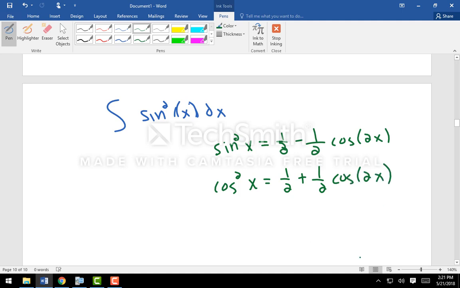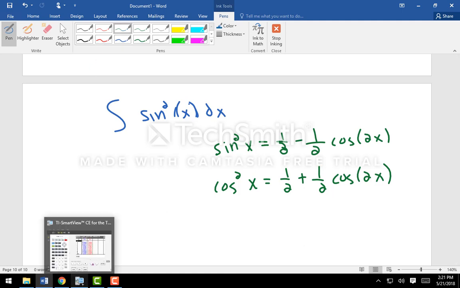And you know what? My terminology was incorrect. We call these half angle identities technically because we're converting 2x into half of that angle. So if you were to Google search half angle identities, these are the identities that you would find.